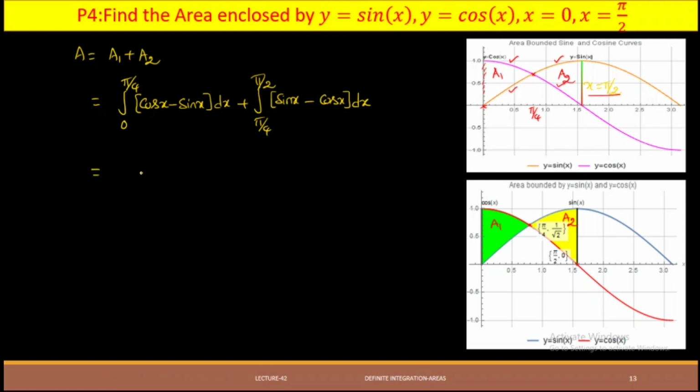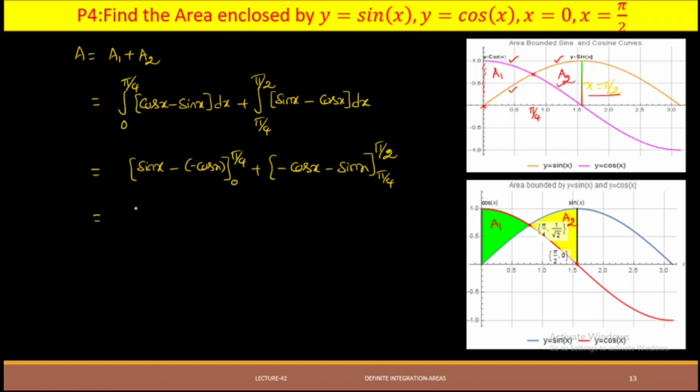Now integration of cos x is what? Sin x. Minus integration of cos x is minus of cos x. Now I have to evaluate at the limits 0 comma pi by 4. Now integration of sin x is minus cos x, and integration of cos x is sin x. So it is to be evaluated between pi by 4 and pi by 2.